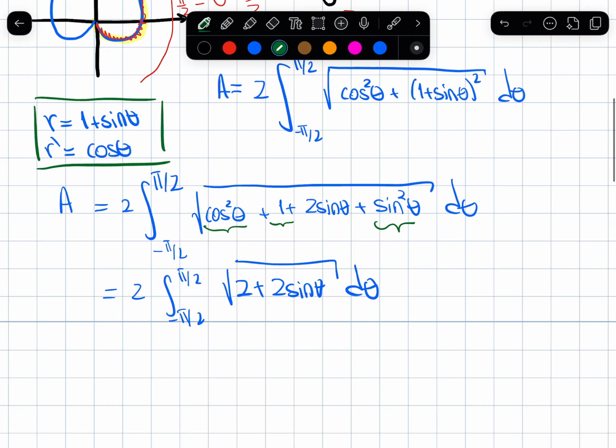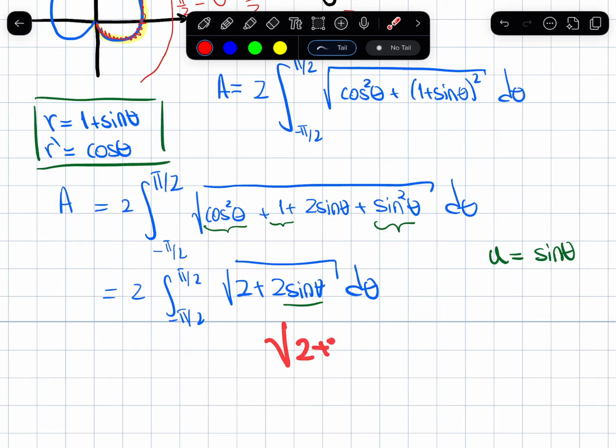And a u sub that I generally make whenever I have sines is to have u equals sine. But maybe I wouldn't even do that, right? Because this is inside of the square root. If I make u equals sine, I still have the square root of 2 plus 2u. That's still difficult to handle.